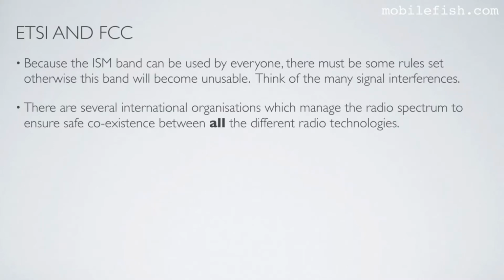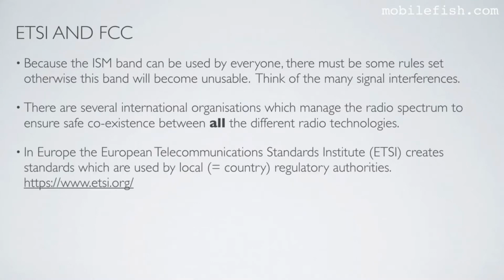There are several international organizations which manage the radio spectrum to ensure safe coexistence between all the different radio technologies. In Europe, the European Telecommunications Standards Institute, ETSI, creates standards which are used by local regulatory authorities, meaning countries. More information about ETSI can be found at this location.